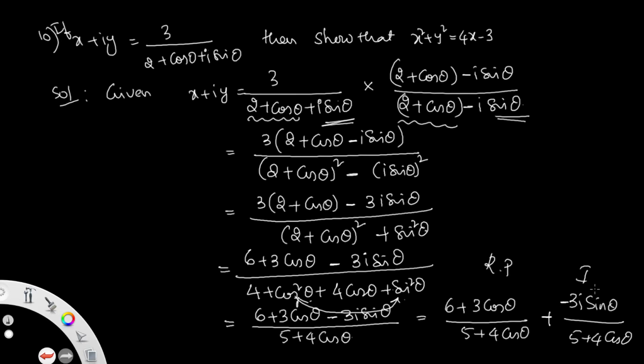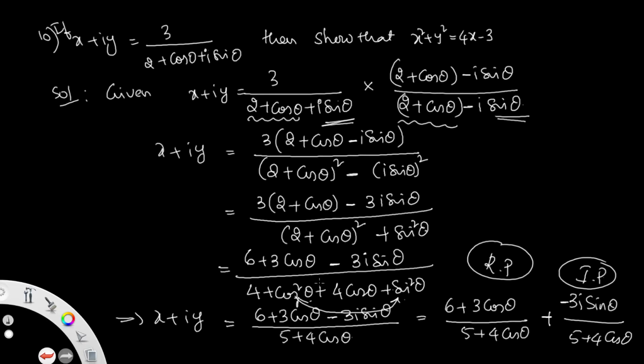This is the real part because it is without the i term, and the term with i is the imaginary part. Since the value is given as x plus iy, comparing both sides we get the x value and the y value. Then the question says x square plus y square becomes 4x minus 3, so that should be taken.